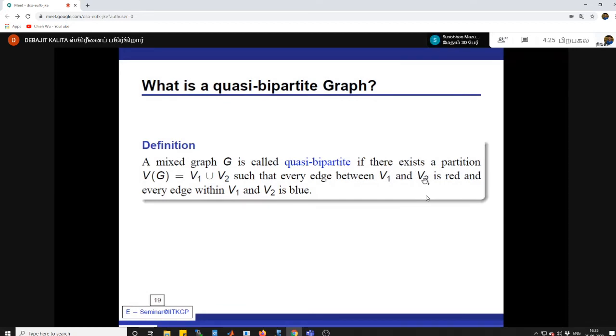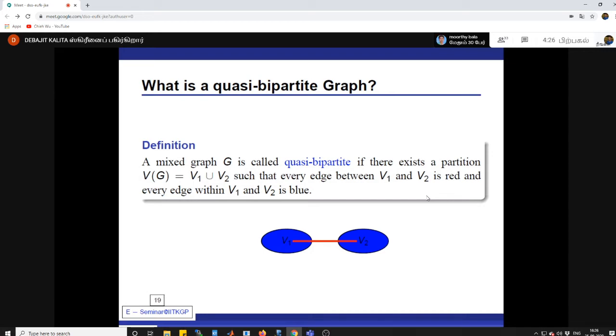That means any edge within V1 is blue, any edge within V2 is also blue, and any edge joining a vertex of V1 to a vertex of V2 is red. That is what quasi-bipartite graph means.